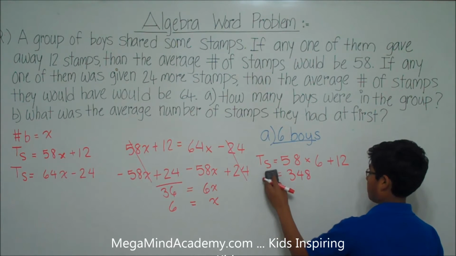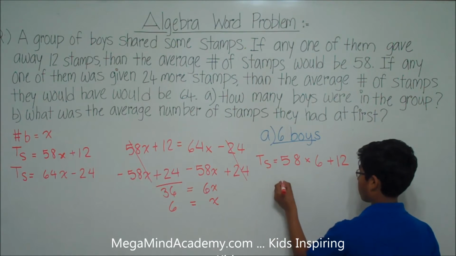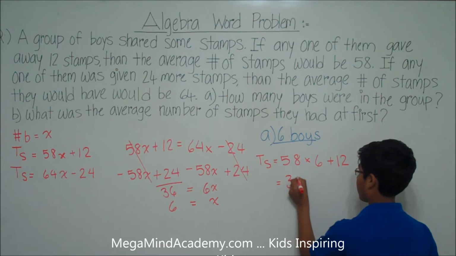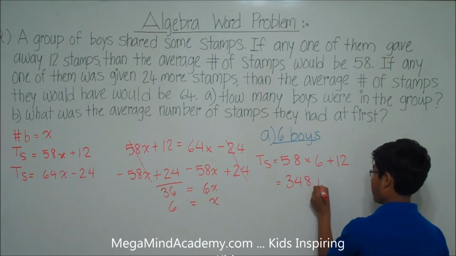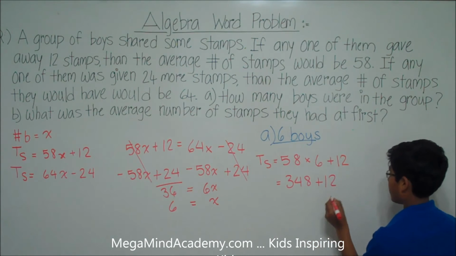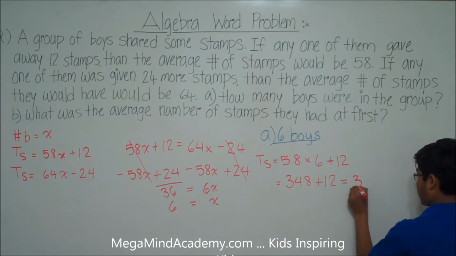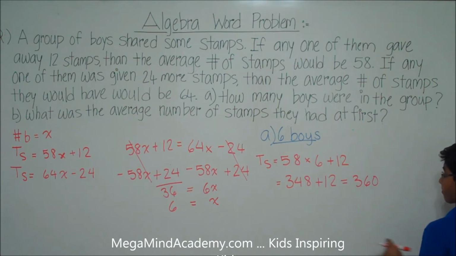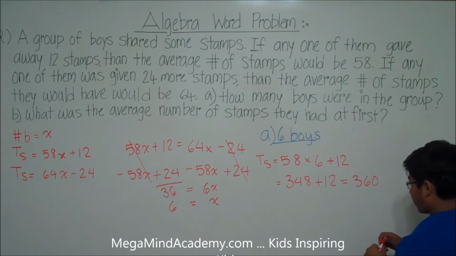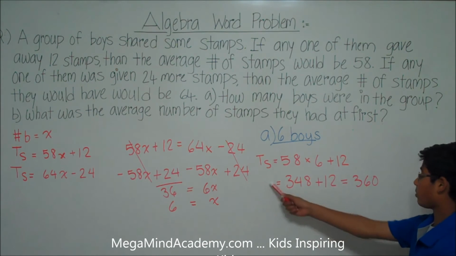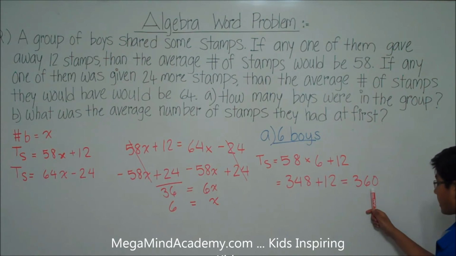Let's make this gap a little bit bigger also. 348 plus 12 is equal to 360. Now we know that the total stamps is equal to 360.